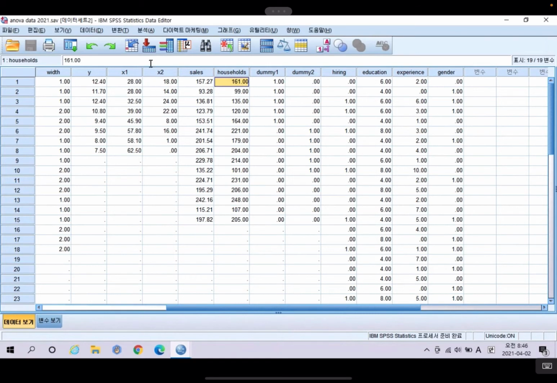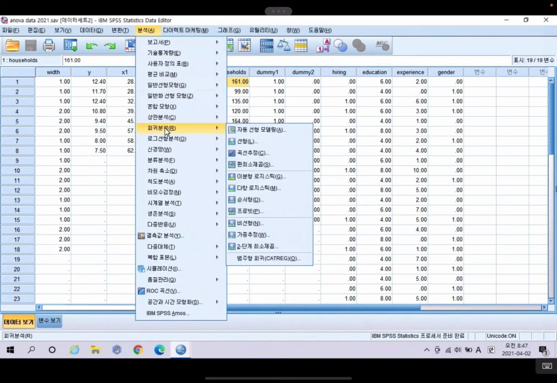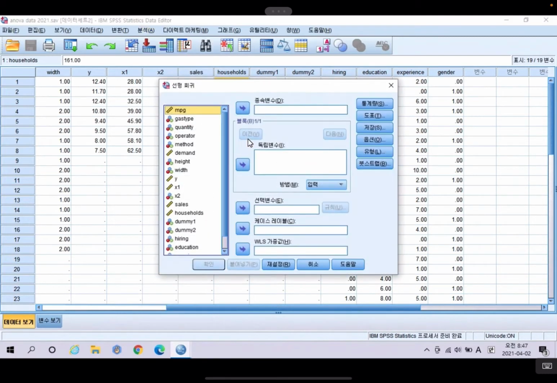So you go to the analysis and you go to the regression. Okay. Now you choose linear, right? So you're going to select this one. And you move the dependent variable to the right here, and the independent variables to the right.